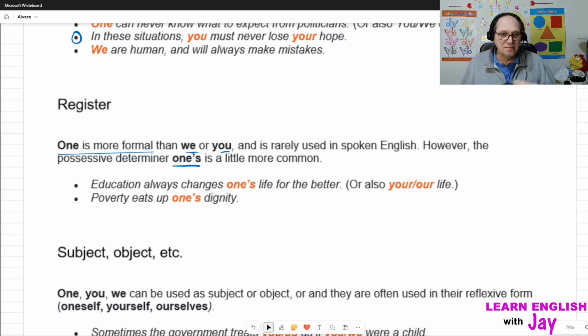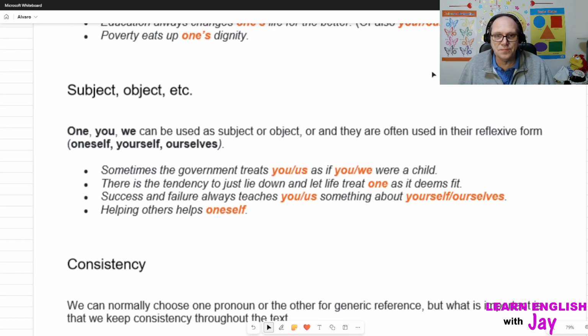For example, poverty eats up one's dignity. We normally won't say poverty eats up one dignity, so we would rather use one's dignity in that case.